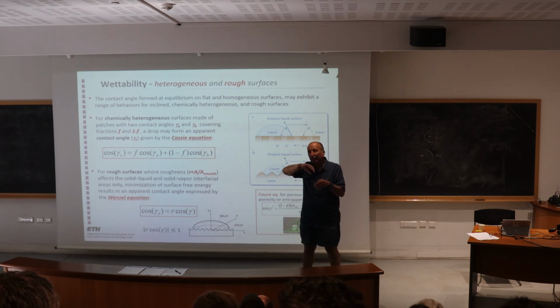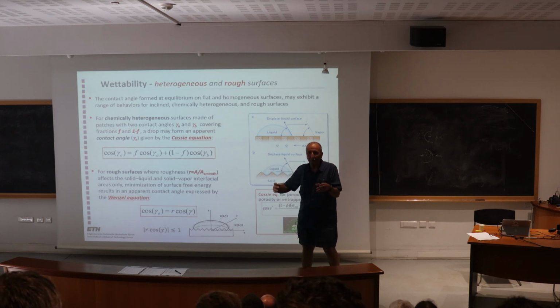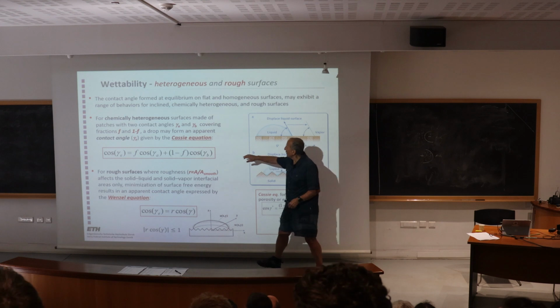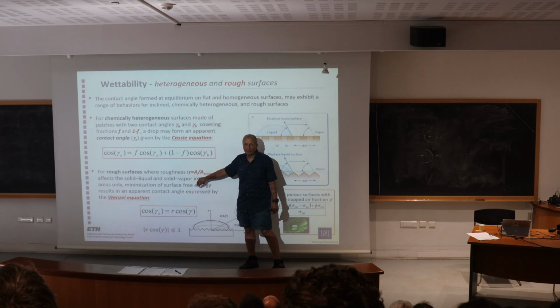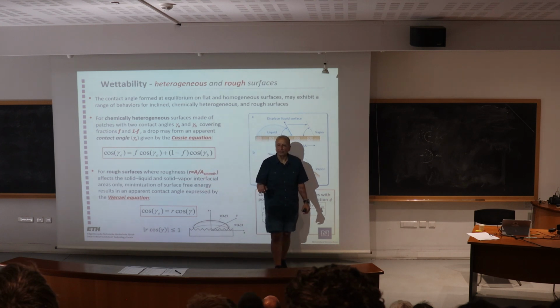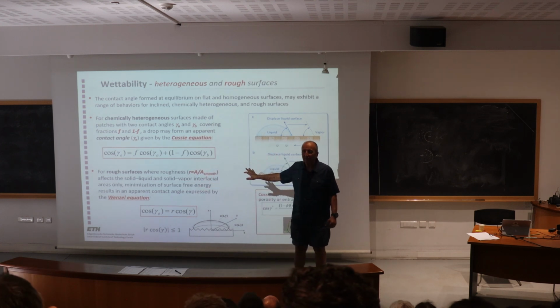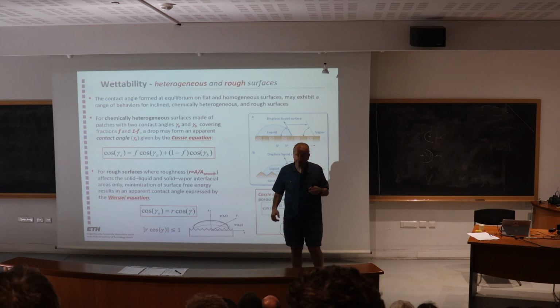It's basically the effective area of the footprint of the droplet relative to a flat surface. So the ratio would be 1 if the surface was smooth, and higher than 1 if the surface is rough. So smooth is a reference, and for that we have the original relationship.